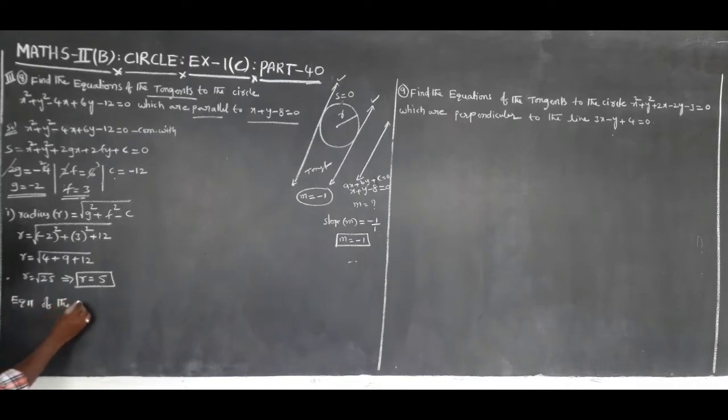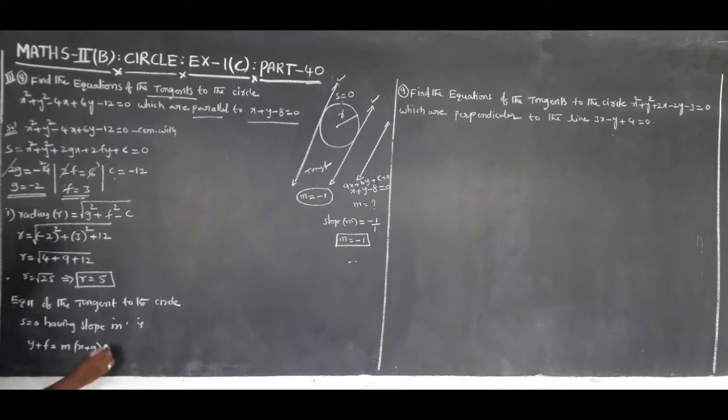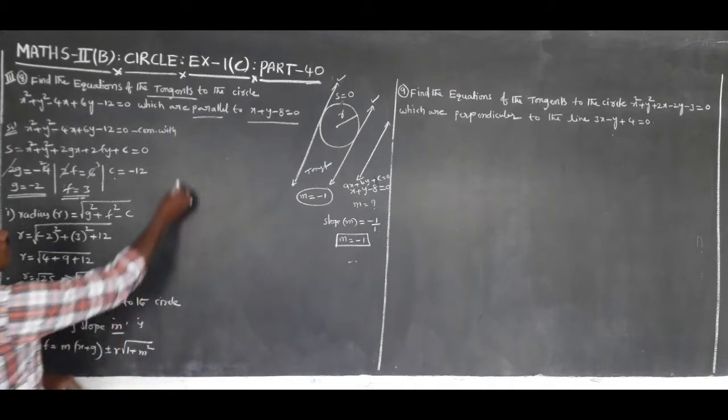The equation of the tangent to the circle S is equal to 0 having slope m is y plus f is equal to m into x plus g, plus or minus r into under root of 1 plus m square. Substitute g, f, m and r values.